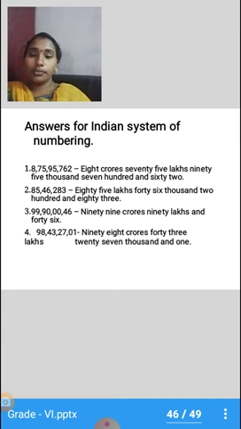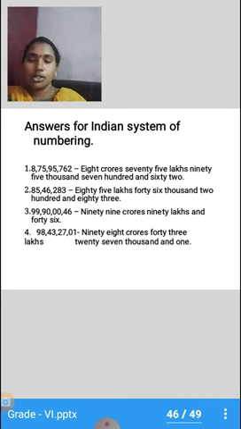So the second question is 8, 5, 4, 6, 2, 8, 3. The 3 will come in ones place, 8 in the tens place, 2 in the hundreds place, 6 in the thousands place, 4 in the 10,000s place, 5 in lakhs, and 8 in 10 lakhs.